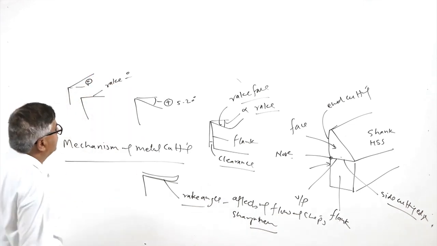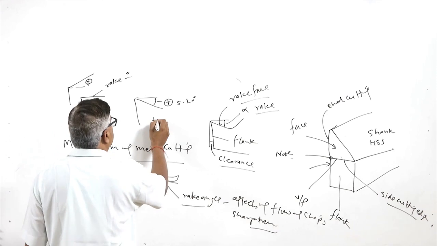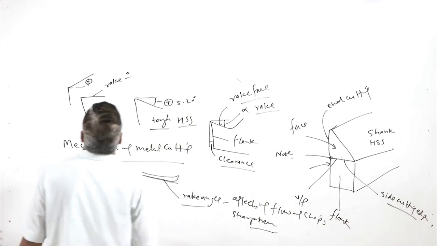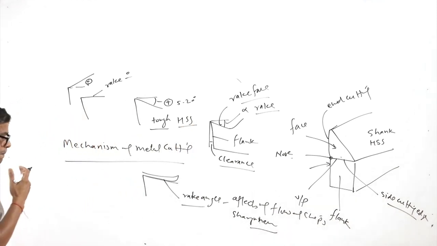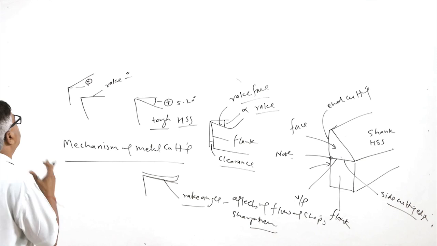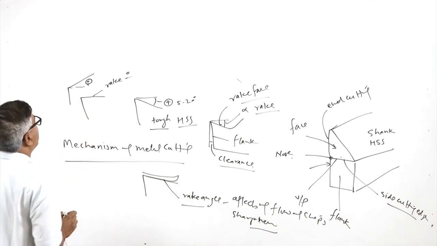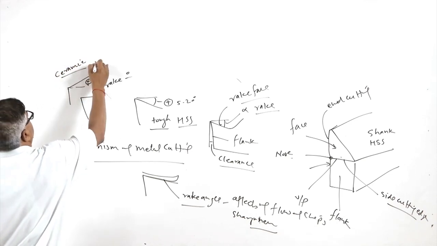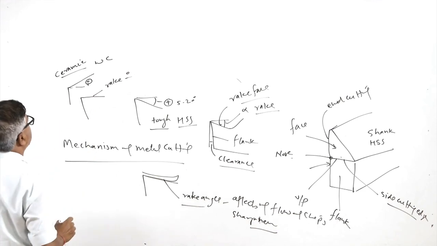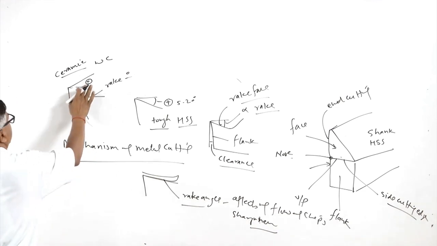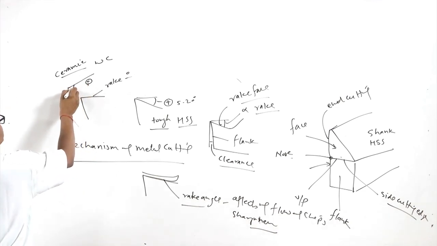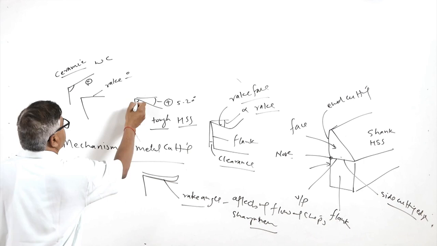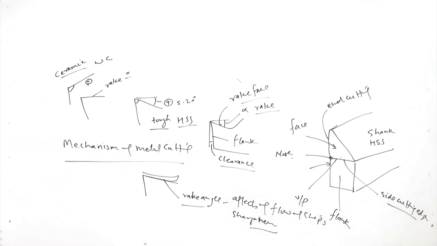Positive rake is used for tough tool materials like high speed steel, while for high hardness and somewhat brittle materials, like ceramic tool materials and tungsten carbide tools, negative rake is used. When negative rake is used, it increases the cutting edge cross sectional area. When positive rake is used, it reduces the cutting edge cross sectional area.